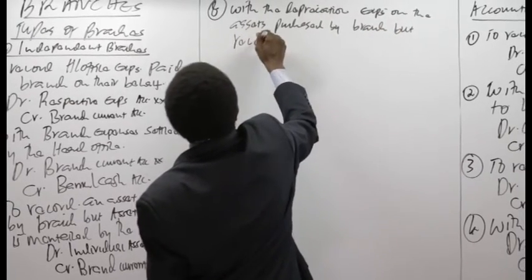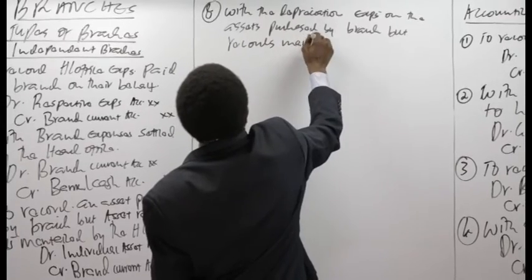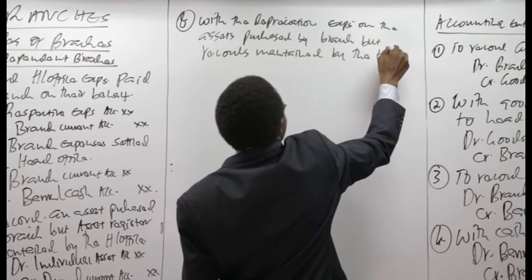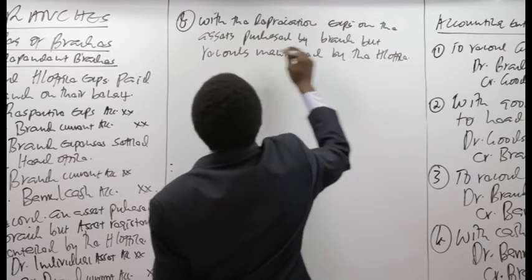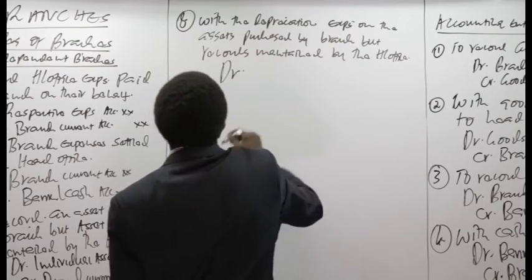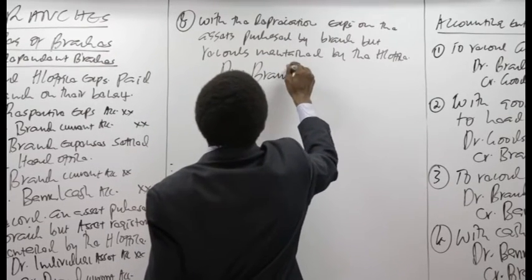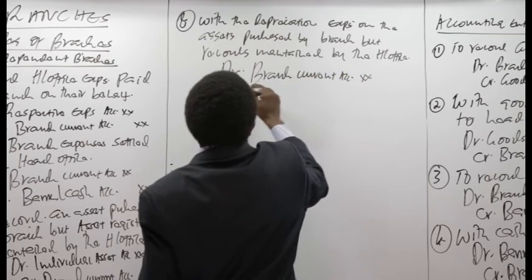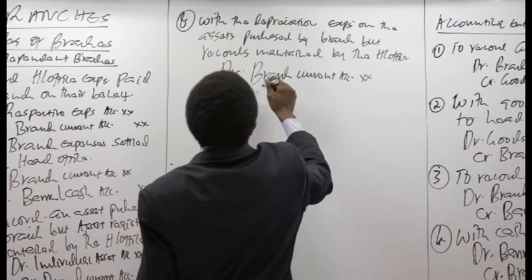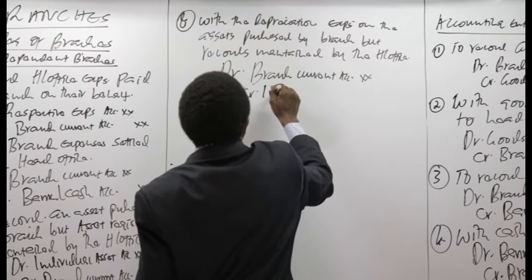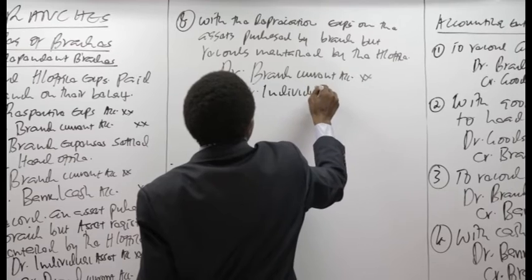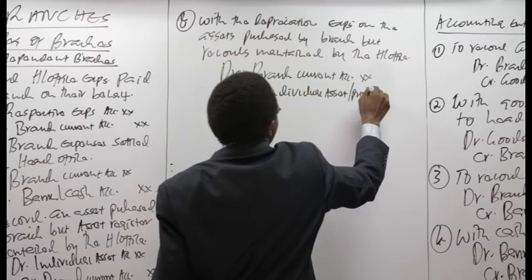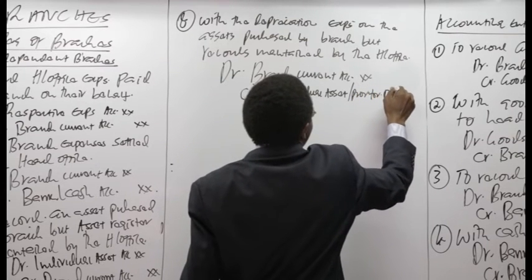but records maintained by the head office, we are going to debit the branch current account, then we credit our fixed assets or individual assets account or provision for depreciation.